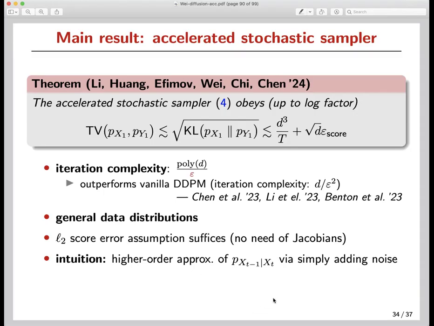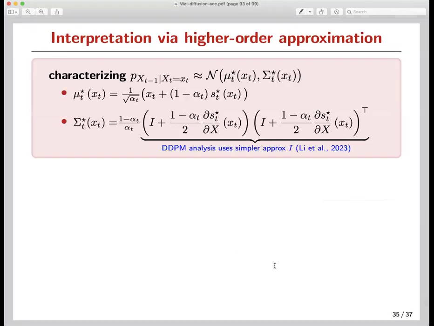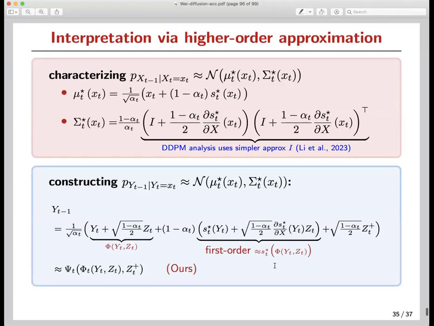Because this is a stochastic version, we need to approximate this conditional density via a refined approximation. I will not go into details about this, but it shares similar intuition as before.